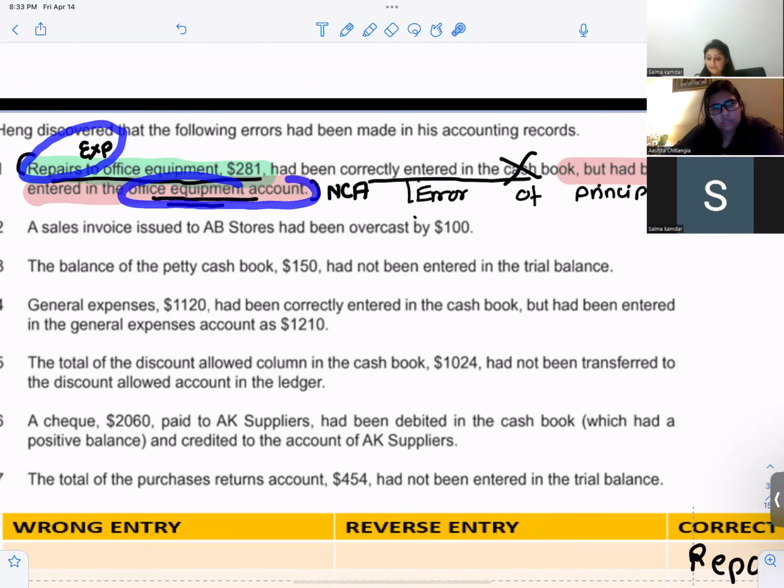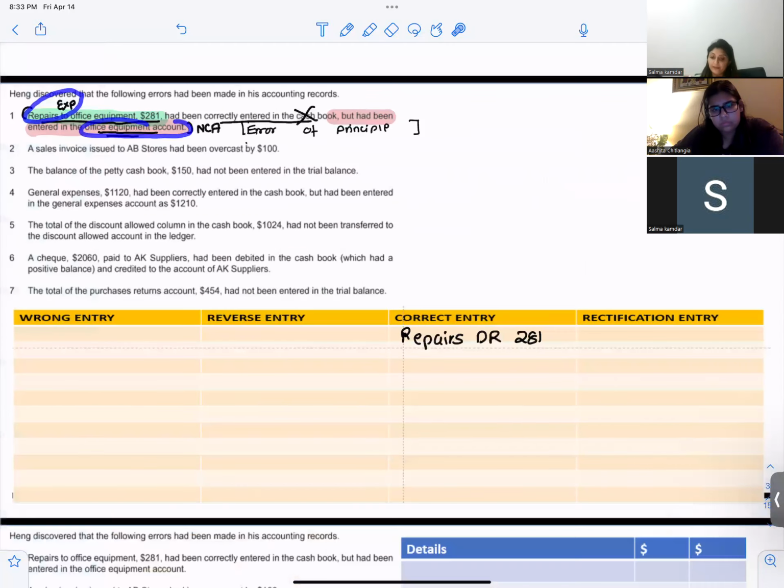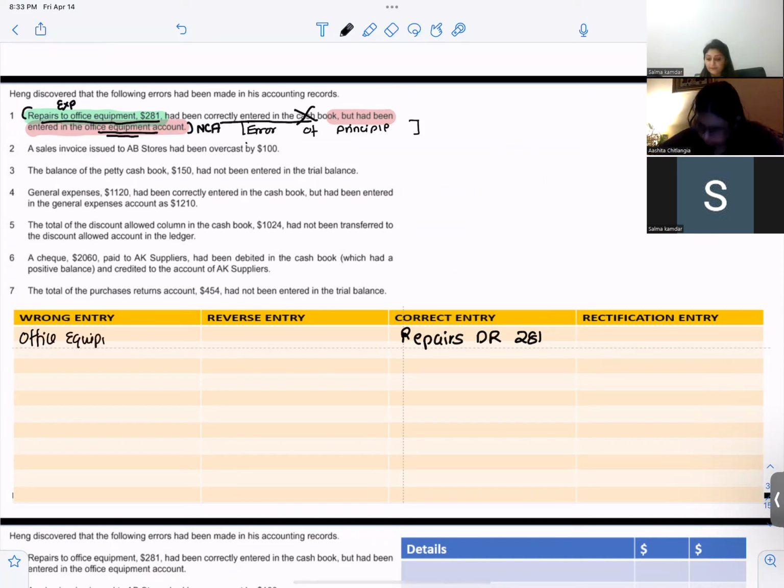The office equipment account. Your wrong entry, what will you write? Office equipment debit. When you reverse, what will you do? Office equipment credit. So in your rectification entry, office repairs debit, office equipment credit.